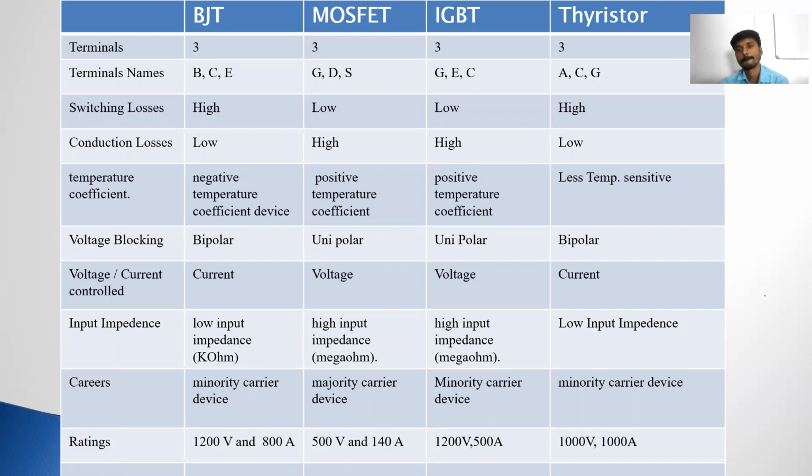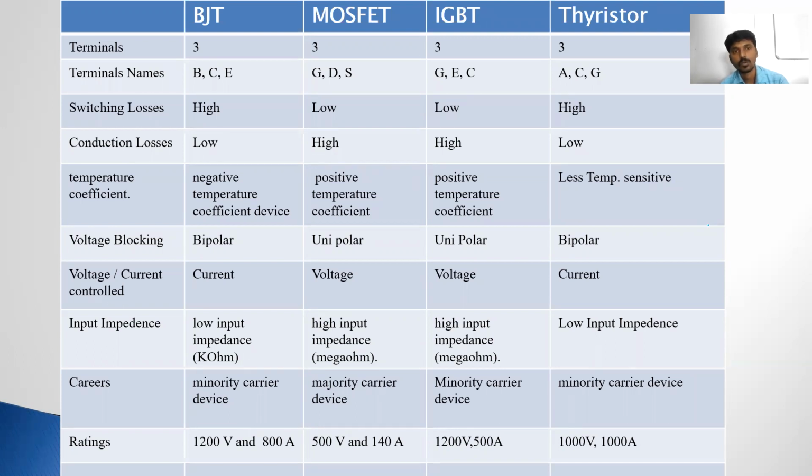Please tell me. Switching losses means whatever losses are present during the transient operation. Transient means turning on and turning off. Whatever losses are present during that time can be called switching losses.